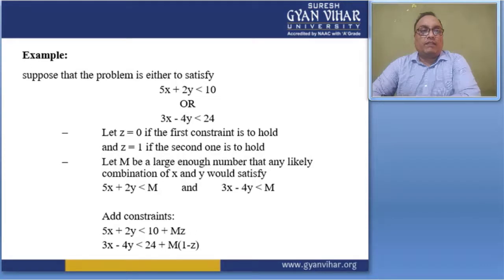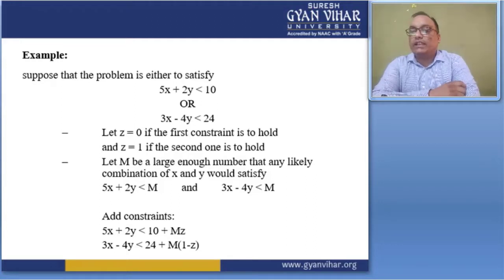So these are the different kinds of solutions, right? This shows one type of example of how to add the constraints, but in your numerical problem you just use constraints like 5x plus 2y less than or equal to 10 plus Mz and 3x minus 4y less than or equal to 24 plus M(1 minus z).